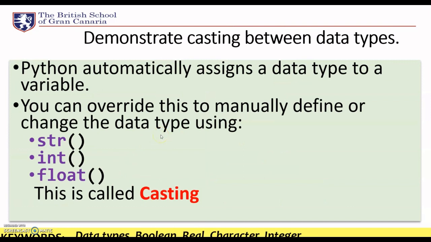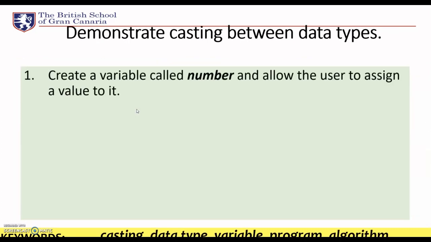Python automatically assigns a data type to a variable. You can override this manually and change the data type as we did earlier. This is called casting. Now we're going to demonstrate the casting types.